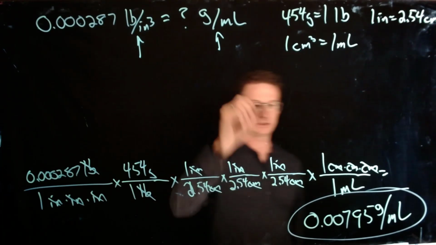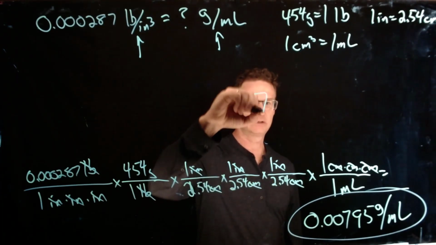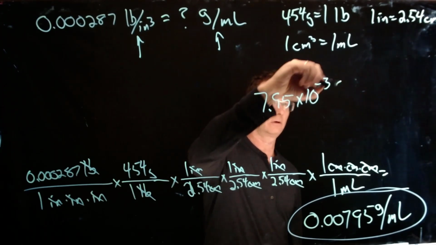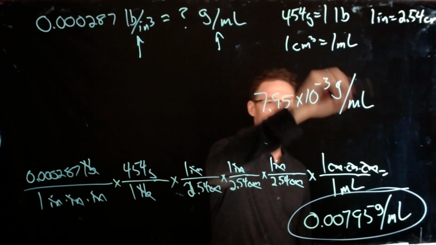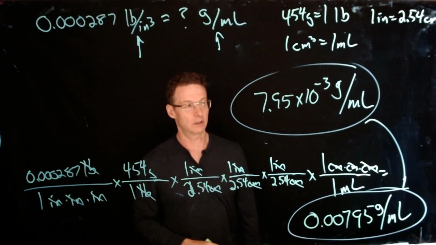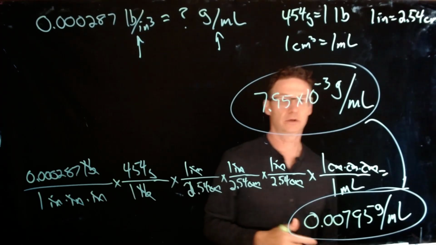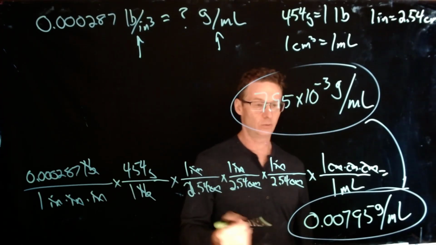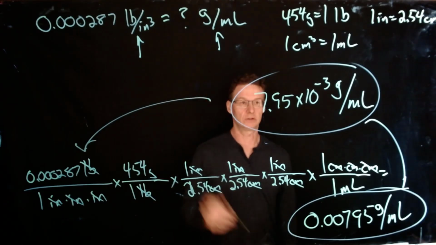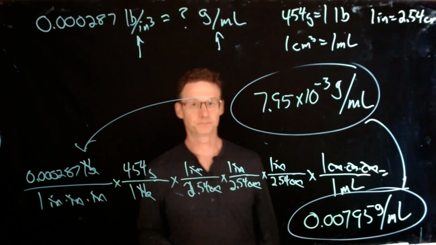If we wanted to put that into scientific notation, it would be 7.95 times 10 to the -3rd grams per milliliter. Okay, so cubic centimeters become milliliters, grams per milliliter. Put that in scientific notation, and we converted our pounds per cubic inch into grams per milliliter.